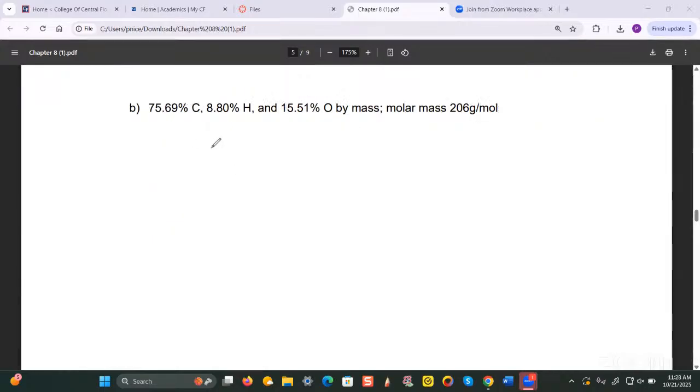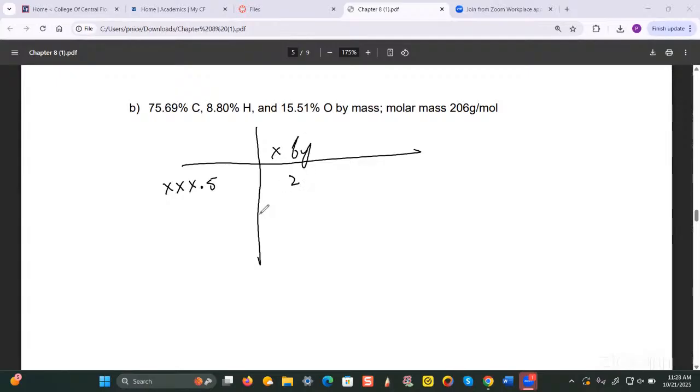Now, I'm trying to think of how to construct this table here. If you have a number which has a 5 after the decimal point, then you're going to multiply by 2.